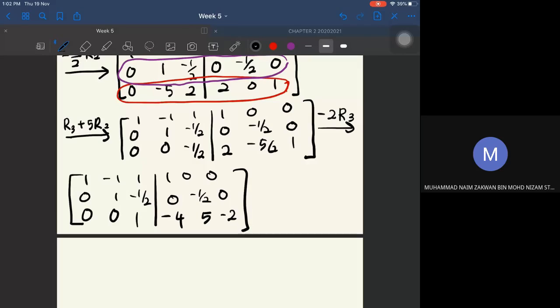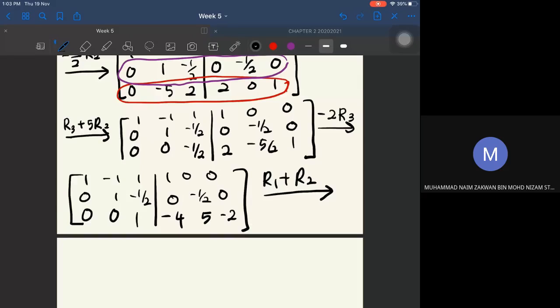Okay, so the next one kita nak jadikan ni kosong. Row yang kita nak ubah adalah row 1. Since this is minus 1, so dia akan jadi plus 1. So dalam kolom ni yang mana yang dah jadi 1? Yang ni, yang ni merujuk kepada row 2. So belakang ni akan jadi R2.